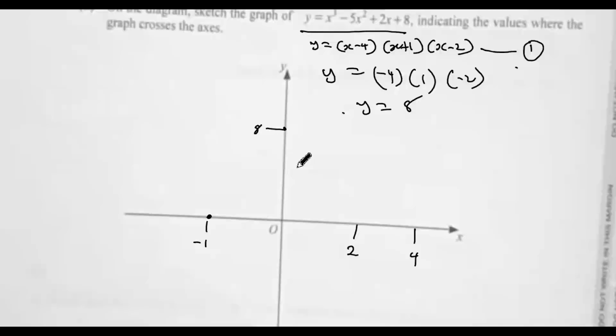So I need my stationary points. To do that, we have to find dy/dx. I can easily scroll down. So let's write out the equation: y equals x cubed minus 5x squared plus 2x plus 8.